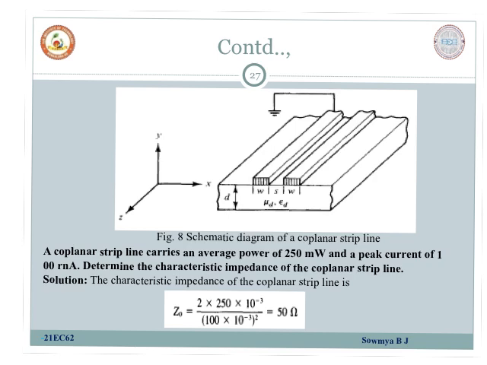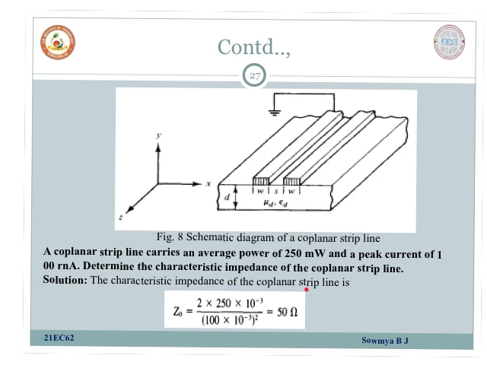Let us now understand a problem related to the coplanar strip line. It carries an average power of 250 milliwatt and a peak current of 100 milliamps. Determine the characteristic impedance of the coplanar strip line.